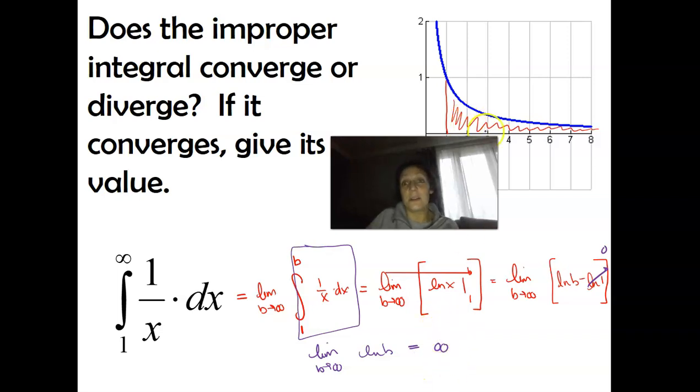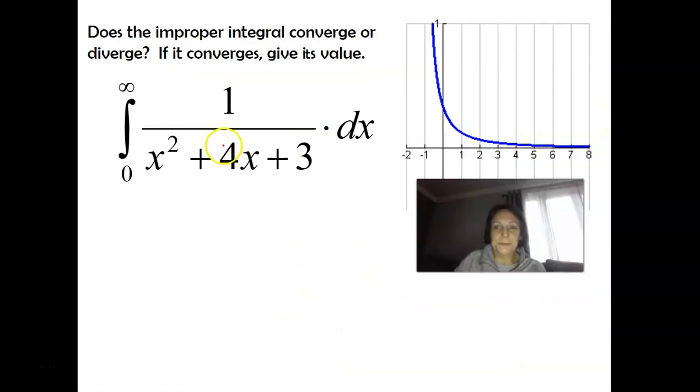So the area under that curve is infinite, and I have to say that this integral diverges. So even though it's decreasing, I still get an infinite area if I take this thing all the way out to infinity.